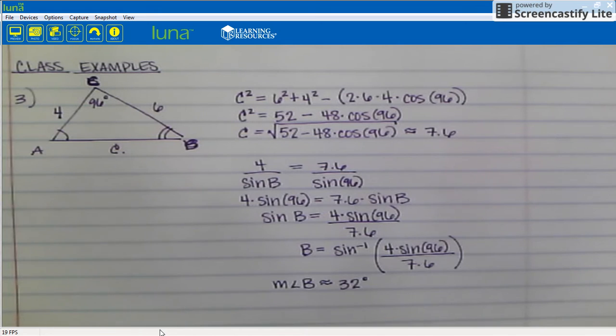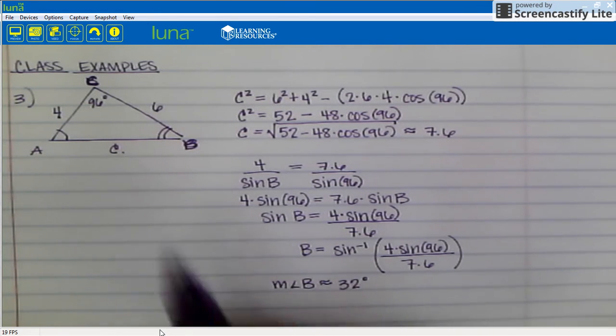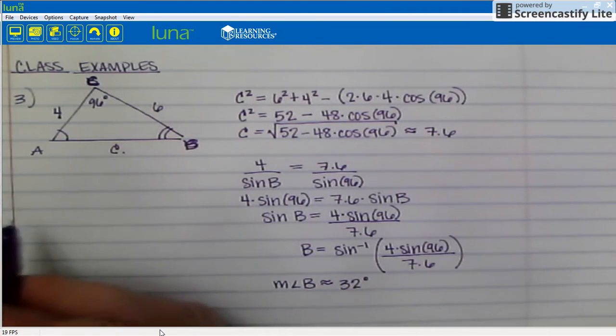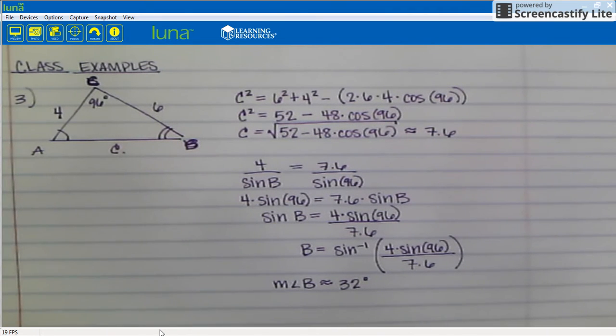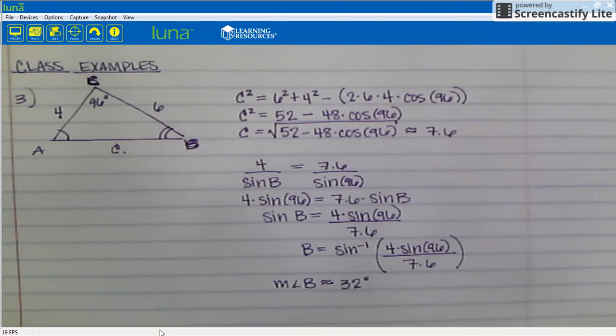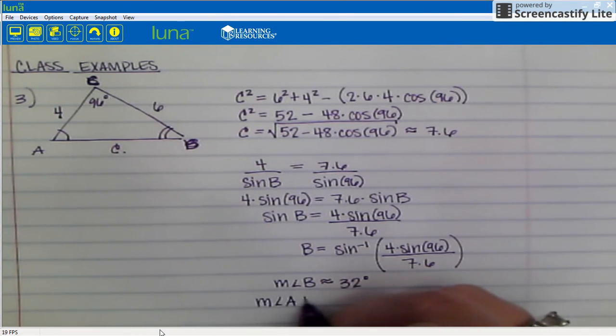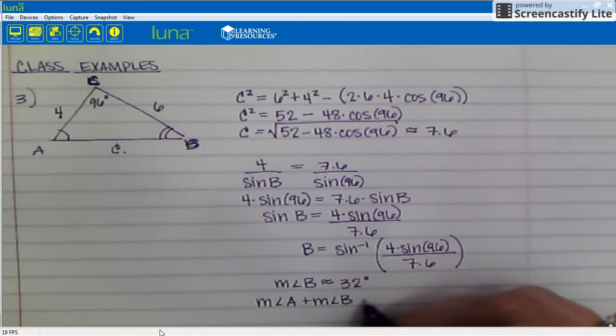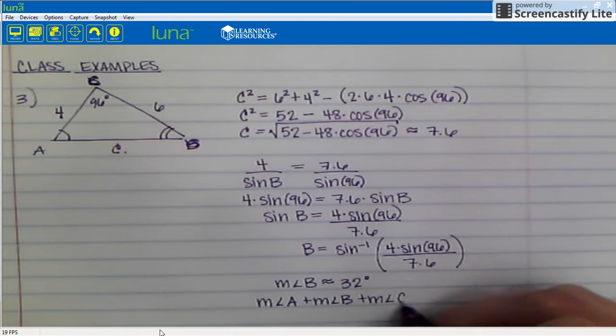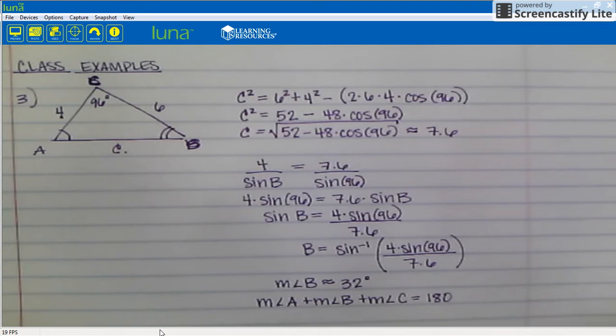And then in your 3-step process, what you're to do is take 32 and 96 and find the measure of angle A with your triangle angle sum theorem. What I know is that the measure of angle A plus the measure of angle B plus the measure of angle C all have to add to 180.